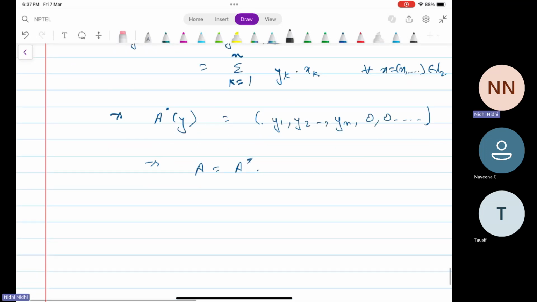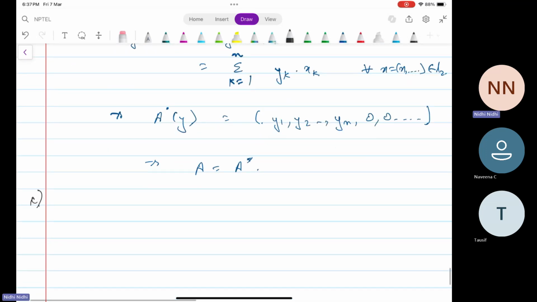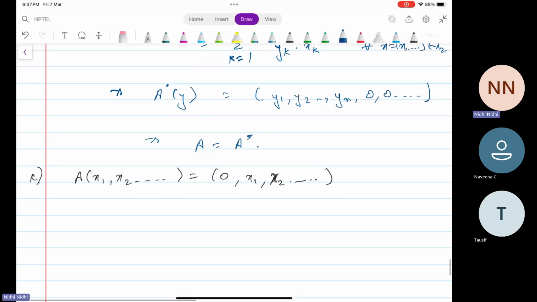Similarly, let's see part C. Here we define A on x1, x2, and so on equal to 0, x1, x2, and so on. So basically we are shifting the sequence to the right and taking the first term to be 0. We'll see that the adjoint of the right shift operator will be the left shift operator. So let y belonging to L2 star be arbitrary.